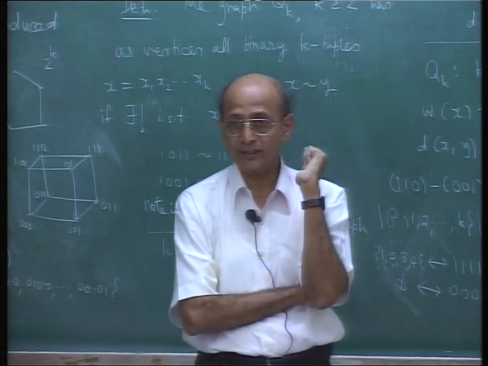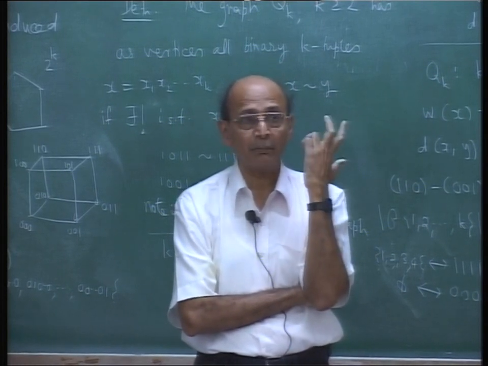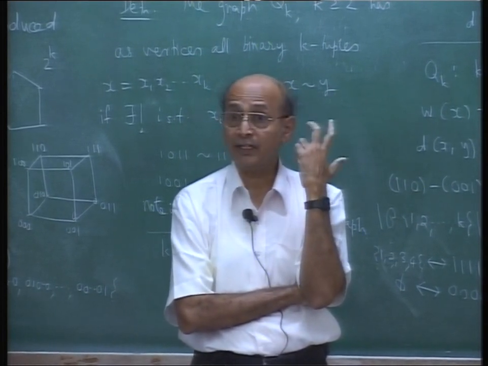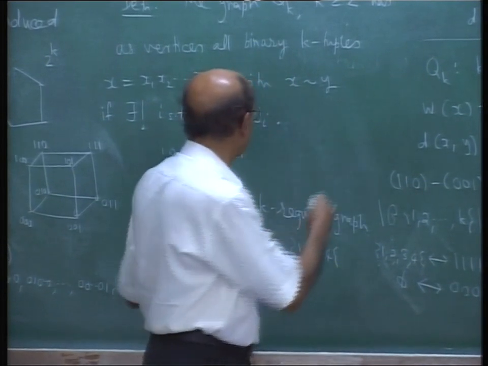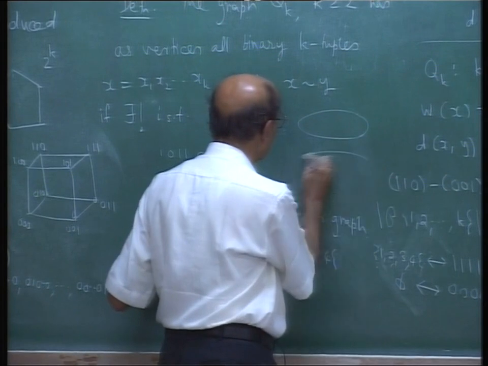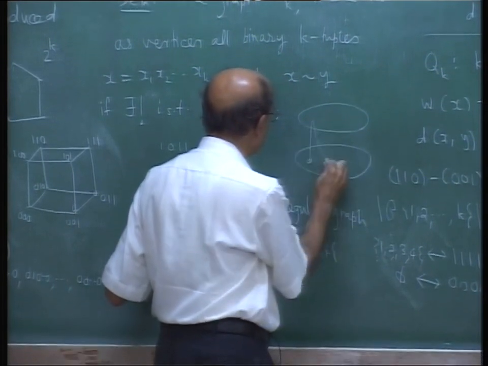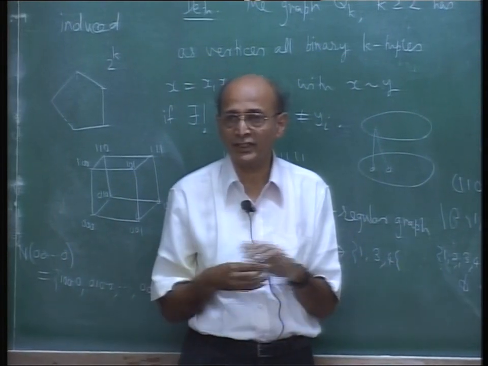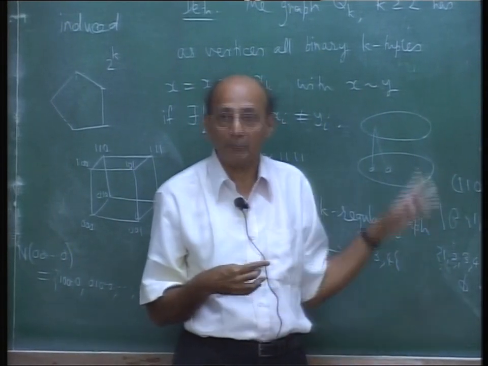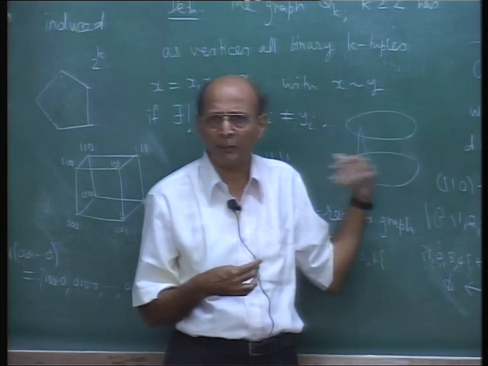One way of doing this: there are no triangles in a bipartite graph. So you can try to construct a bipartite graph, and because I want the maximum number of edges, I can take a complete bipartite graph and draw all possible edges.